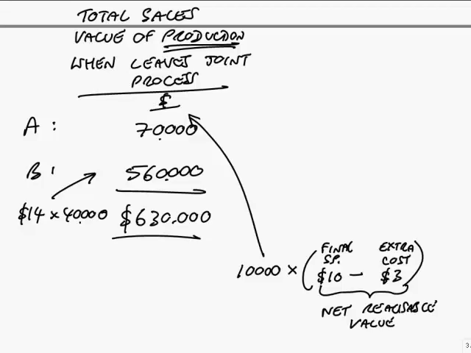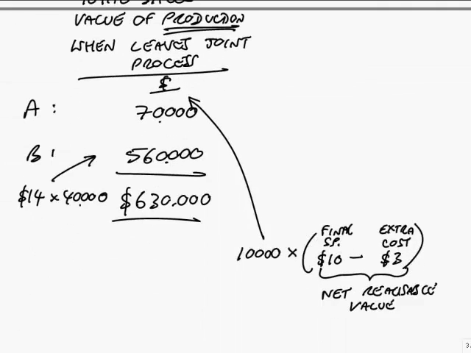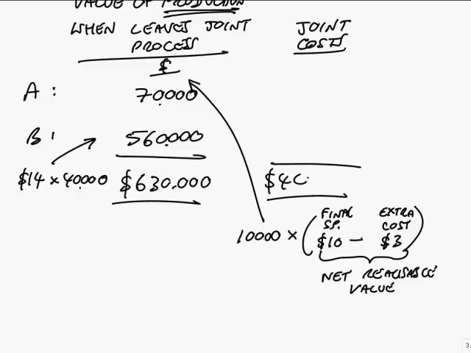The reason we did that is our job, remember, is to split the joint costs. We know how much we spent in total, 446. In total we split it on the basis of total sales value.